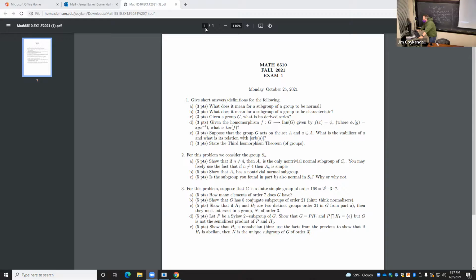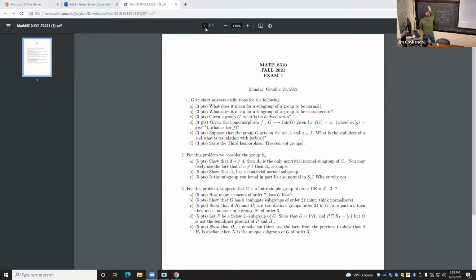Okay, so let P be a Sylow 2 subgroup of G. Show that G equals PH1 and P intersect H1 is the identity, but G is not the semi-direct product of P and H1. It's important here that we noted that this is a simple group.